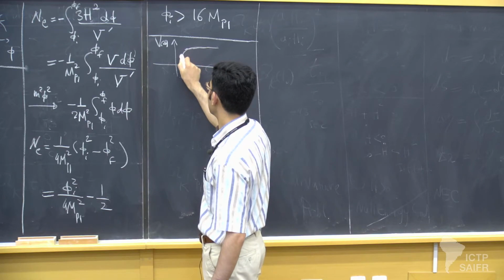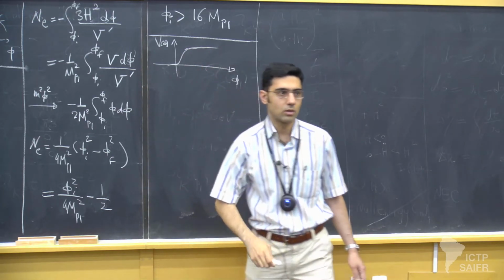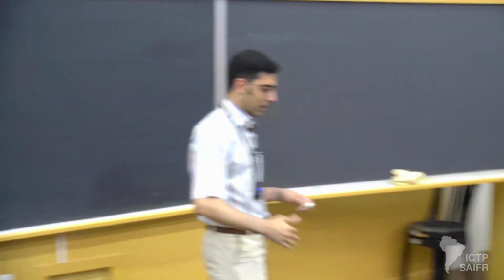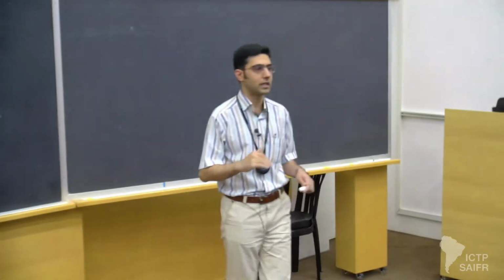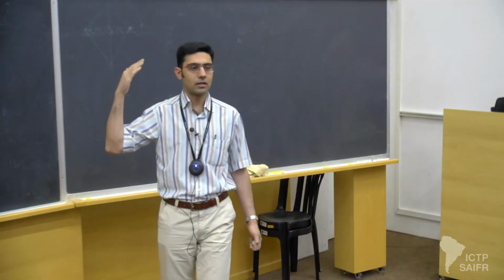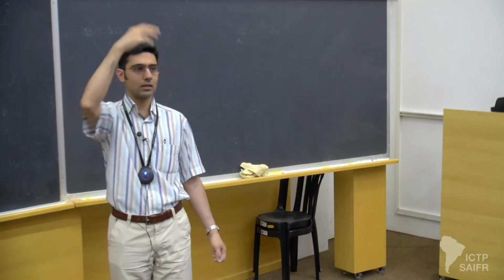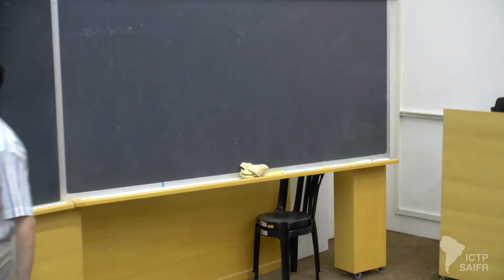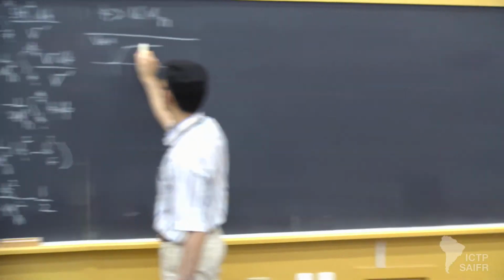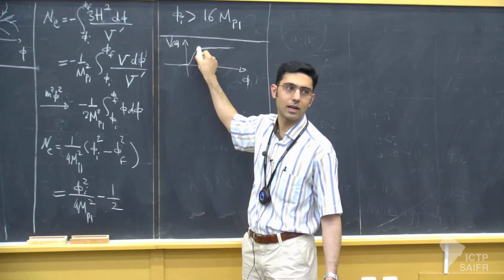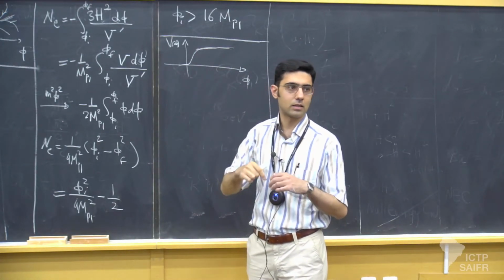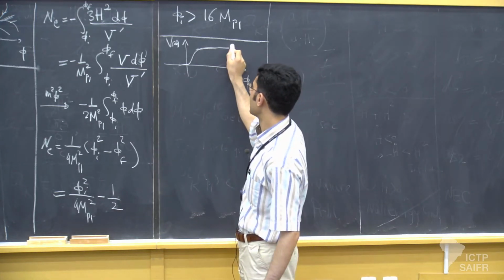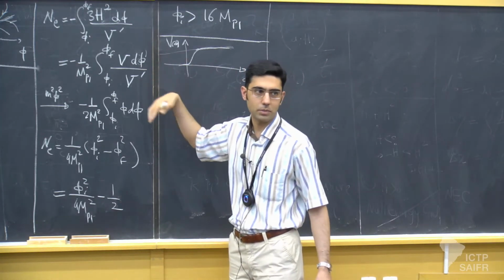So at some point, it turns and goes down. Remember, we want this inflating phase to finish. Now, in the power law cases, it would finish automatically. Here, in order for it to finish, this flat plateau that I have has to end by designing the potential. So I couldn't just continue this flat plateau.